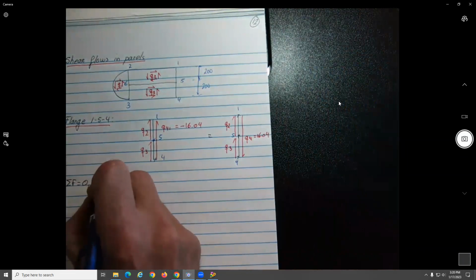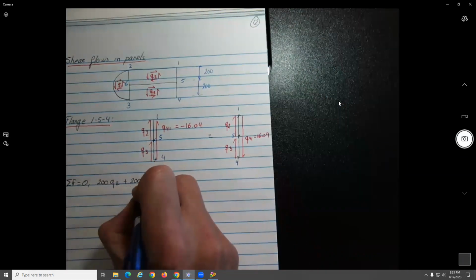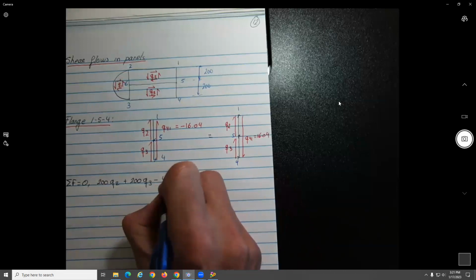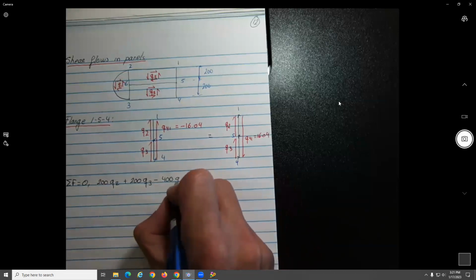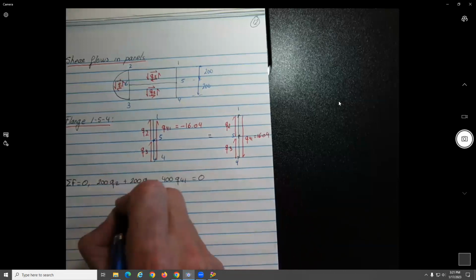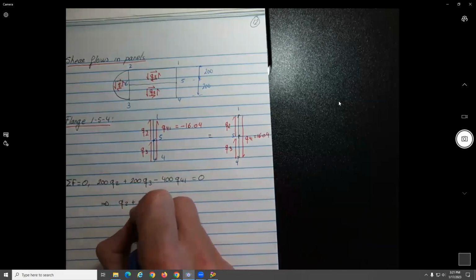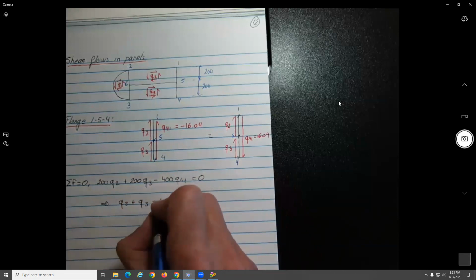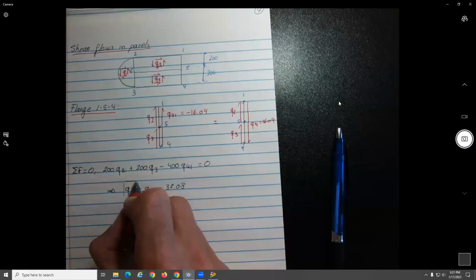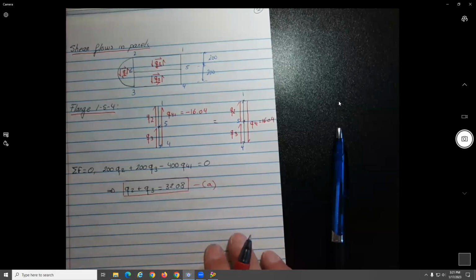We're going to get 200 Q2 plus 200 Q3 minus 400 times Q41 equal to 0, which is going to give us the equation Q2 plus Q3 equal to 32.08. Let's call that equation lowercase a.